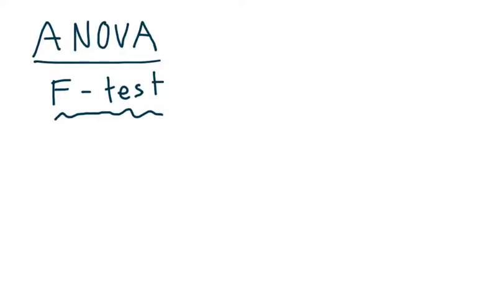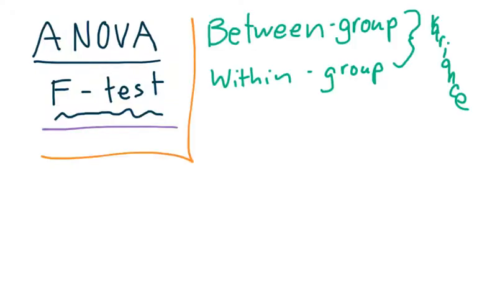Okay, so remember, ANOVA stands for analysis of variance. And since we are going to be looking at variance, we're going to be performing an F-test. So with this test, we're going to get two different estimates of the population variance and compare them. So they are the so-called between group variance and the within group variance.